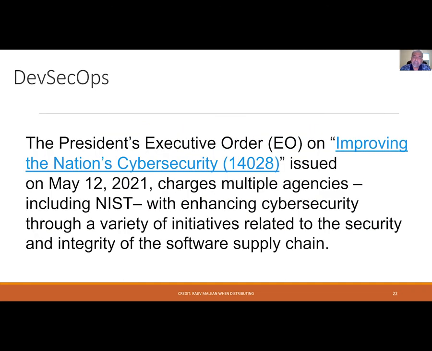This order is making secure coding requirements a necessity. The executive order for improving the nation's cybersecurity, signed on May 12th, is a critical infrastructure project for NIST and the Department of Homeland Security.